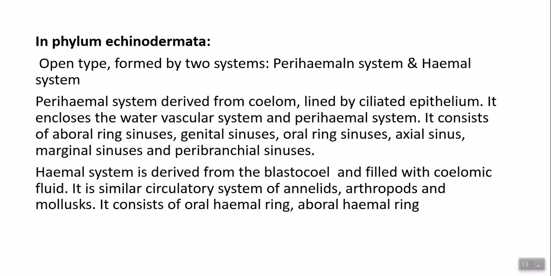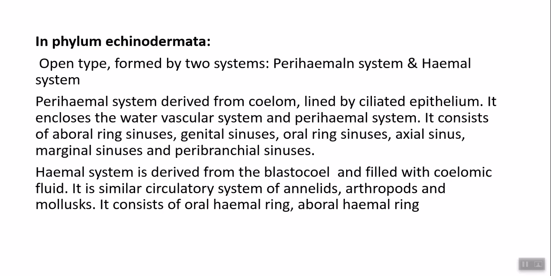So in this there are two circulatory systems. One is the water vascular system, which has a ring and then extends to the five arms, and the water keeps on circulating around.